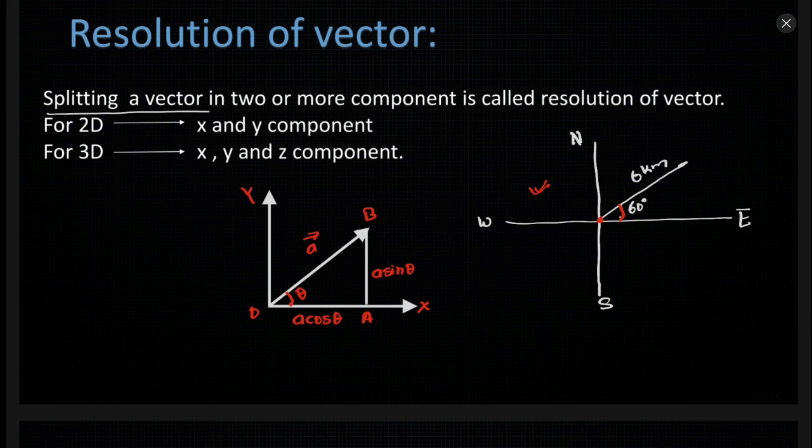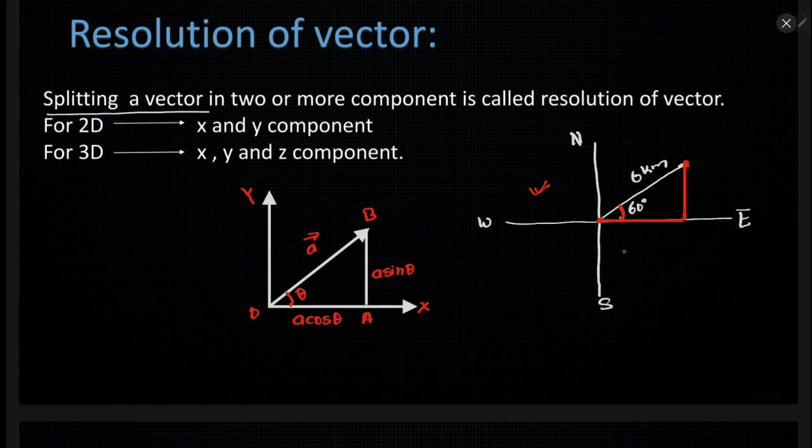It means I am walking some distance in the east direction and then some distance in the north direction. Ultimately I have to reach the point here. So I will first walk from here to here, and then I will walk from this point to this point. So suppose this is our angle.